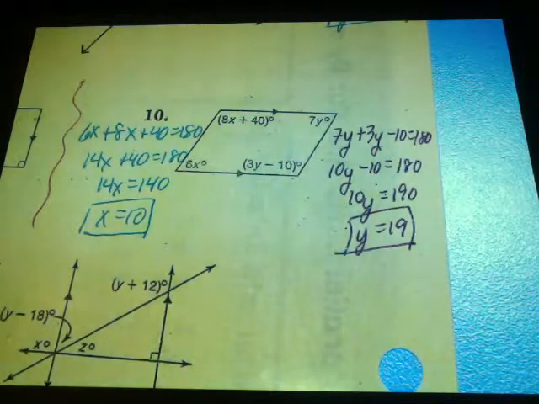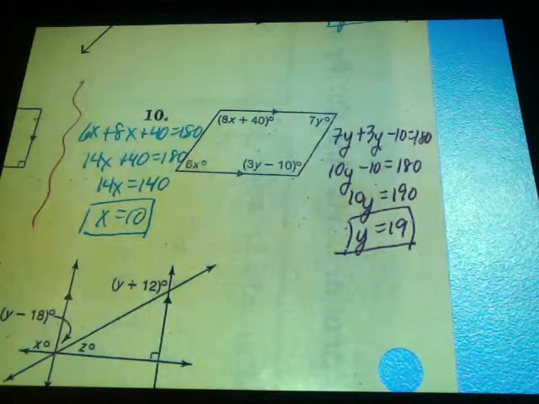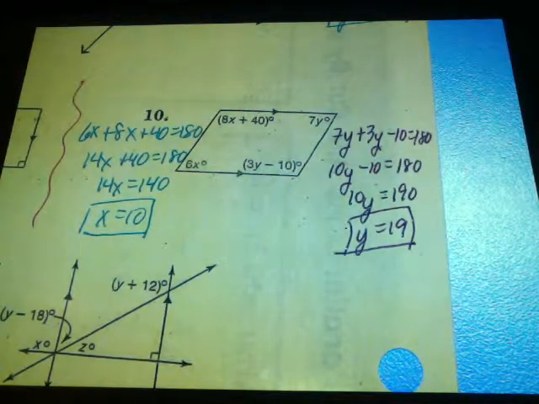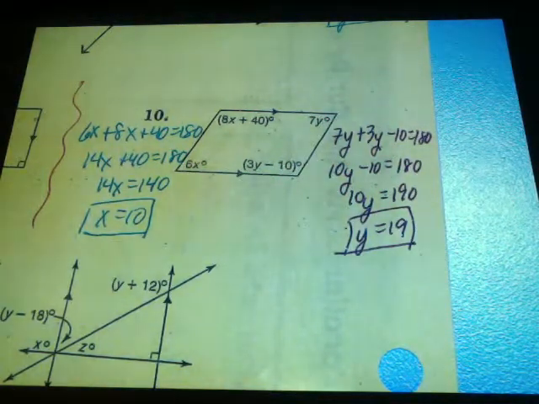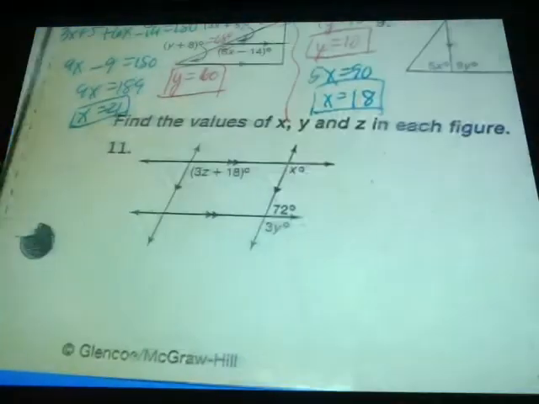You get 19. So now that we've done all of these with the last two, I want you to do the last two on your own. I'll put the answers up here in a minute, but I want you to work those on your own, see if you can figure out the equations to solve, the relationship between the angles, show as much work as you can. I'll give you about 5 minutes.